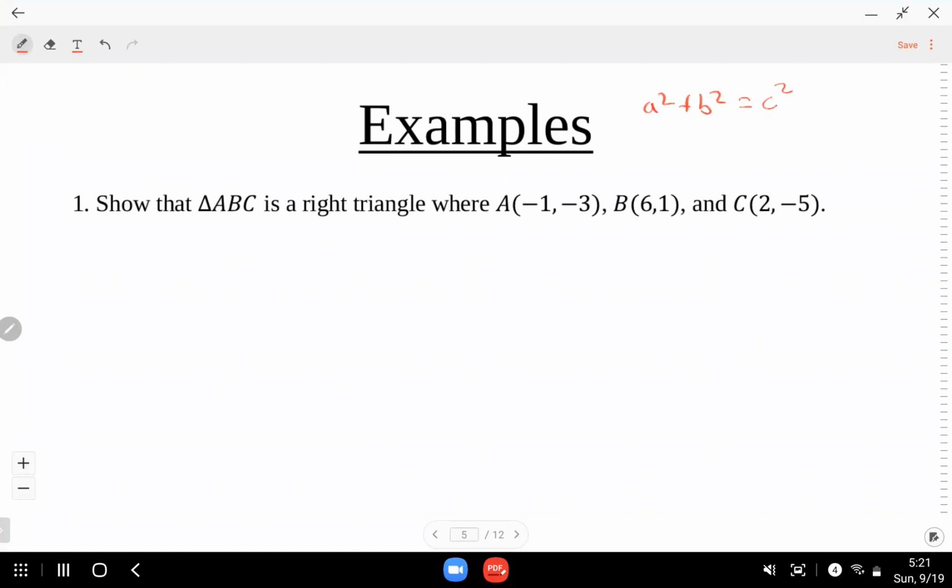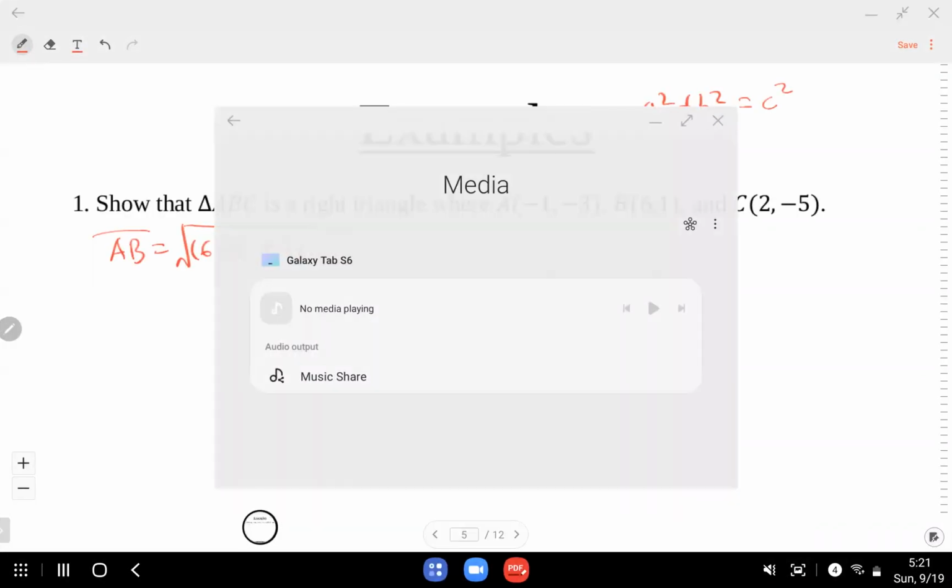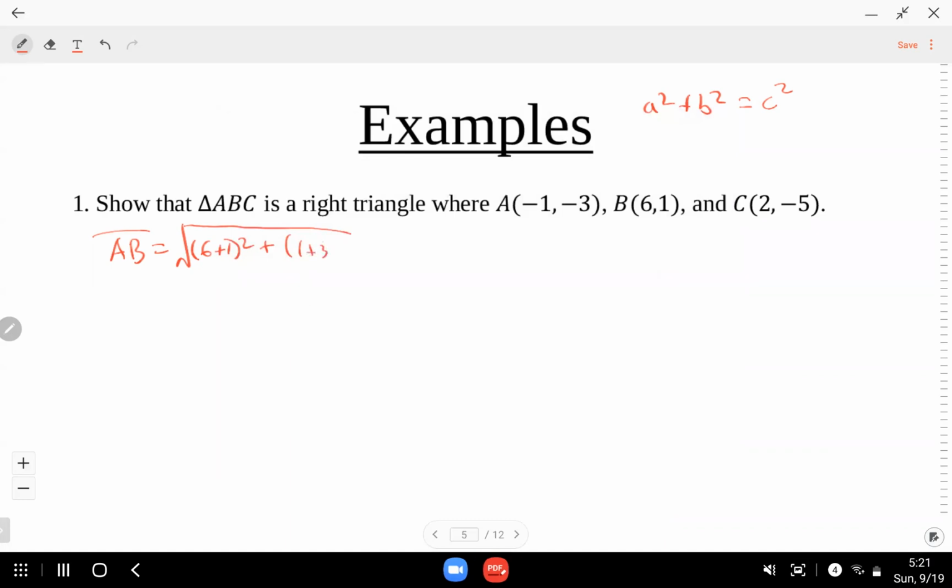All right, so the distance between A and B would equal, okay, what would it equal? It would be the square root of 6 plus 1 squared plus 1 plus 3 squared, okay? And then what does that equal?